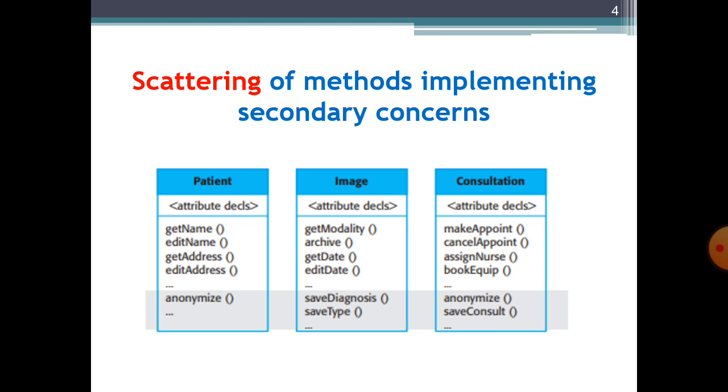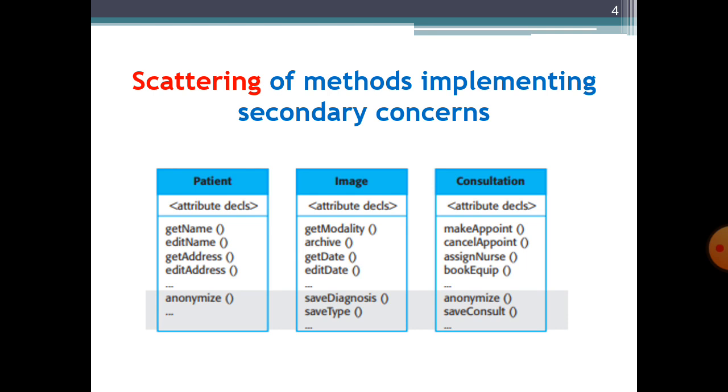So if you look at this patient management system diagram, you can see how the scattering of methods is being implemented for secondary concerns. This concept is shown in this figure, which shows an example of three classes that might be included in the patient record system along with some of the core methods for managing patient information.